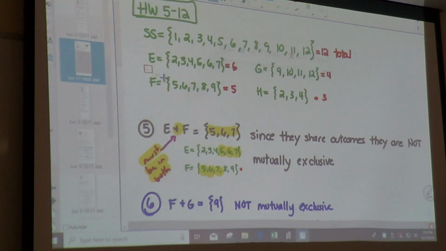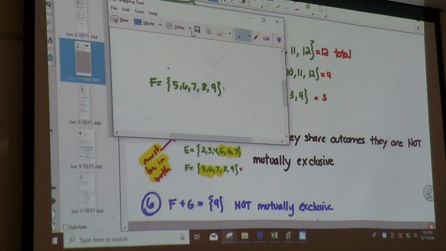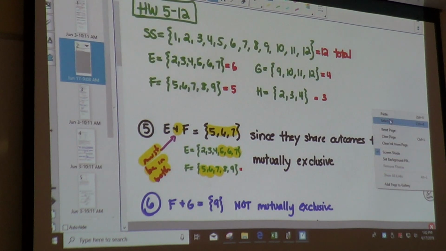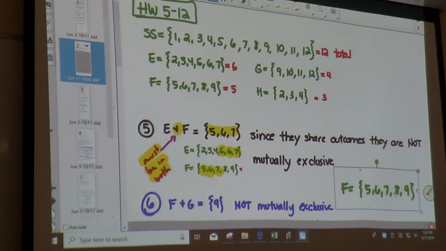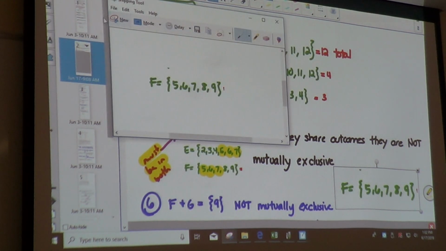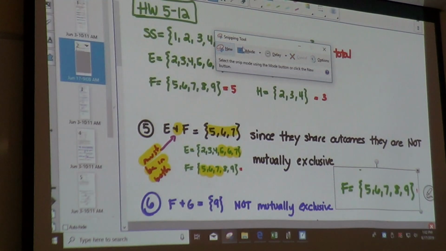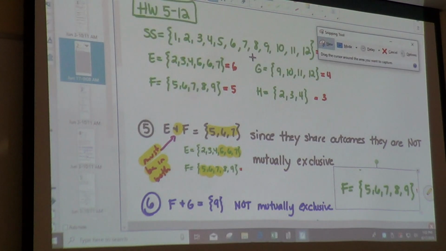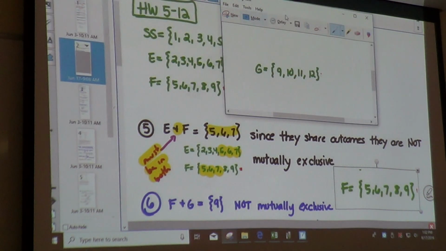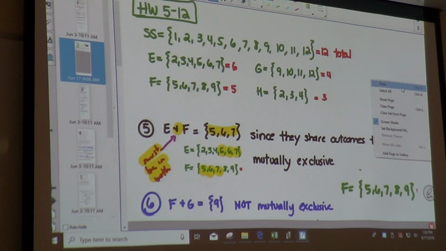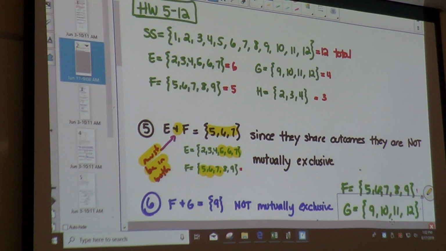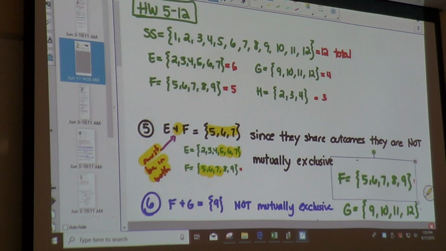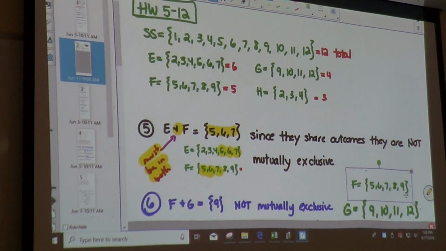All right, here's my F. Copy, paste, and then I'm going to pull my G down. Over here. Here's my G. Copy, paste. And means that it has to be in both. The only one that is in both is going to be 9.